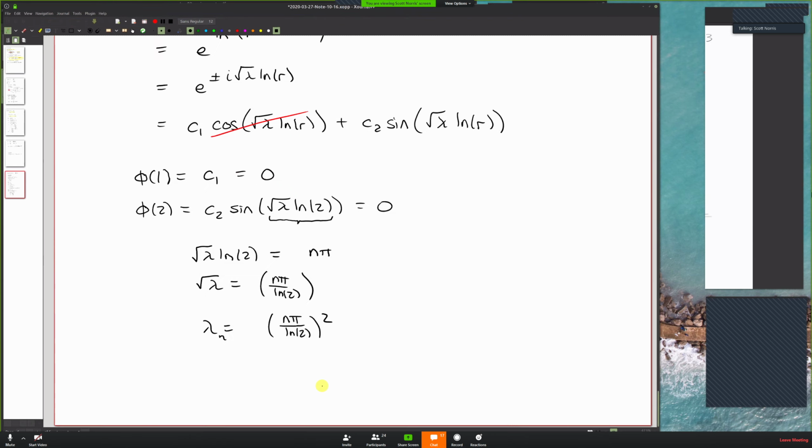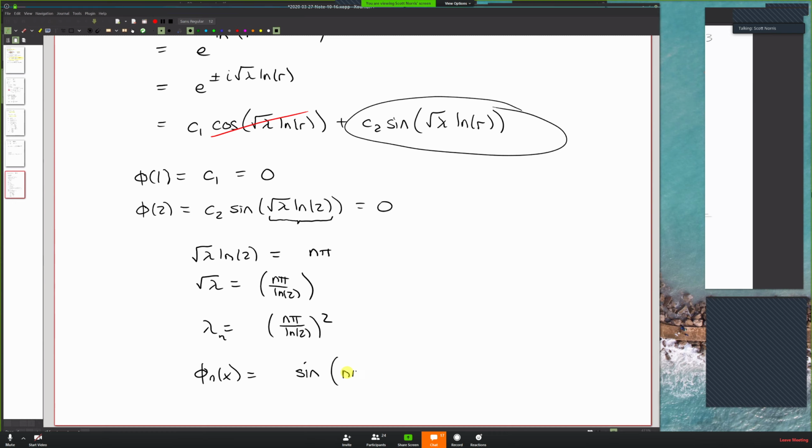And finally, my phi sub n of r. What happens when I plug root lambda back into my eigenfunction? I get sine of n pi natural log of r over natural log of 2.